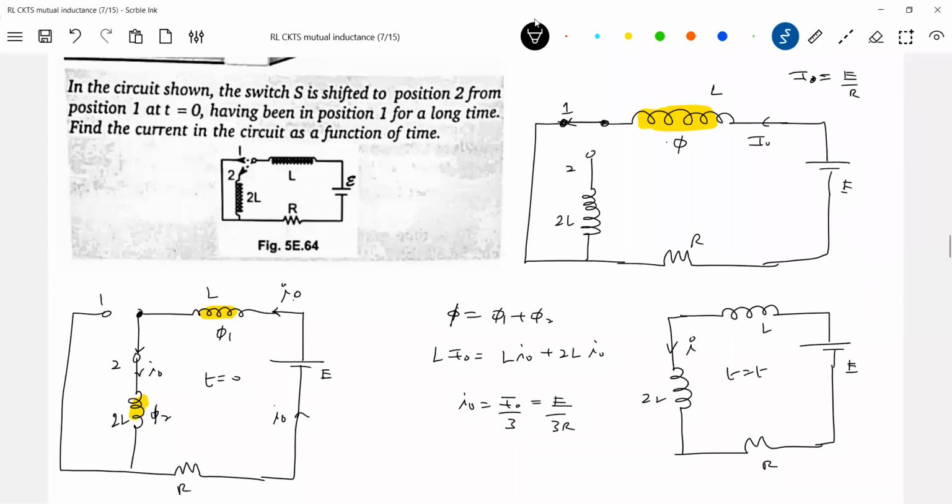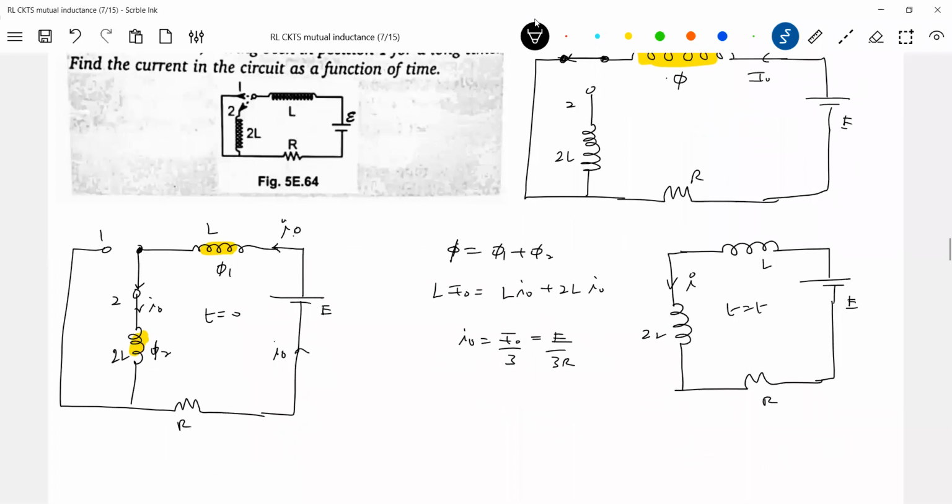So write down the equation for this: plus E minus IR minus 3L di by dt, since they are in series, equal to 0. Then in the limits you put at t equals 0 the initial current, and get the expression for current at any time t.